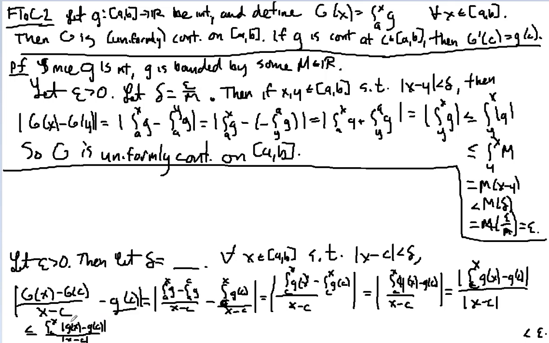Here I can use continuity. So what I know is that since g is continuous at x equals c, let's define the epsilon earlier.